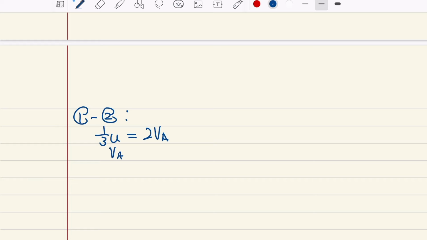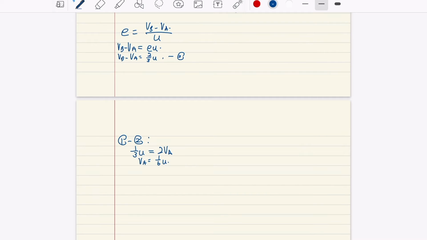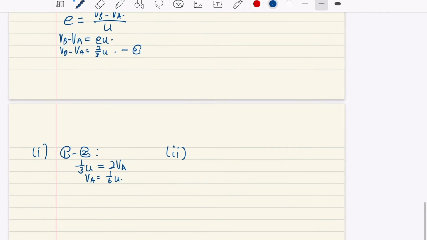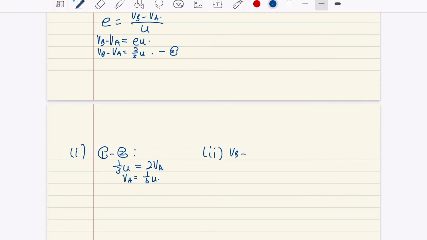So VA will be equal to 1 over 6 u. Since we found VA, VB minus 1 over 6 u equals 2 over 3 u. So VB will be equal to 5 over 6 u.